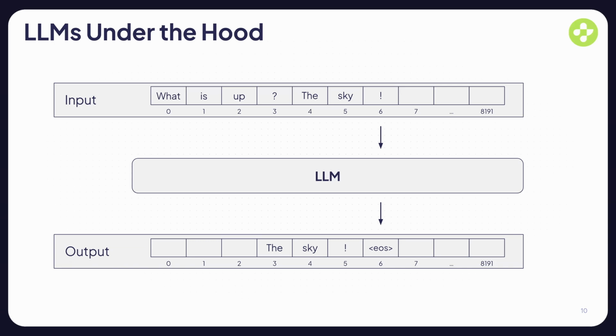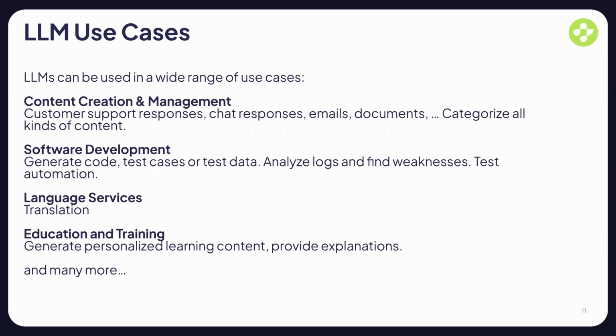This is a very flexible way where you have one kind of model which always just predicts a token, but you can apply it to all kinds of different topics. For example, content creation, you can generate customer support responses, emails, documents. You can also ask it to categorize text by generating essentially the name of the category. You can use it in software development to generate code.